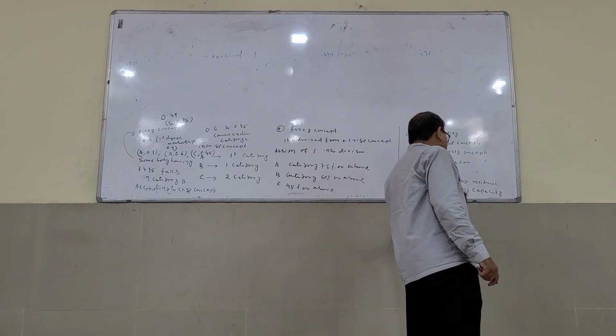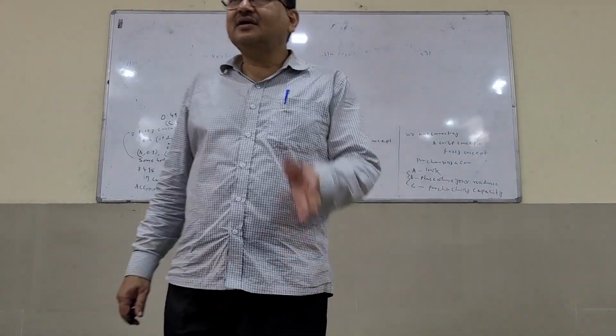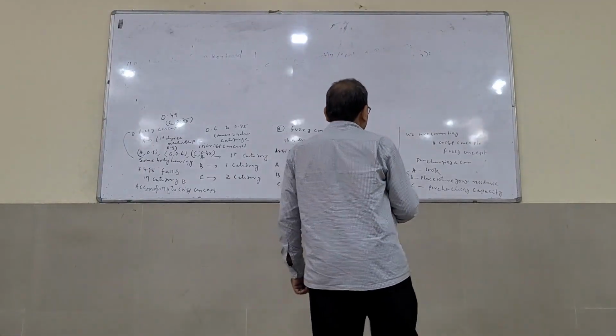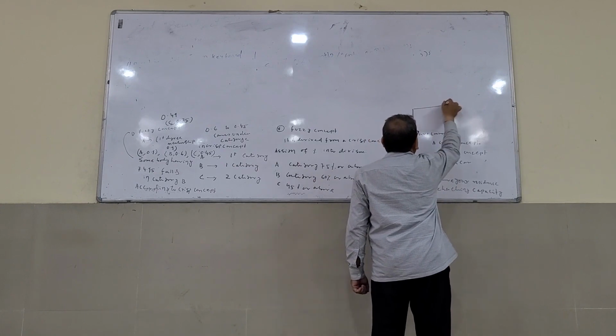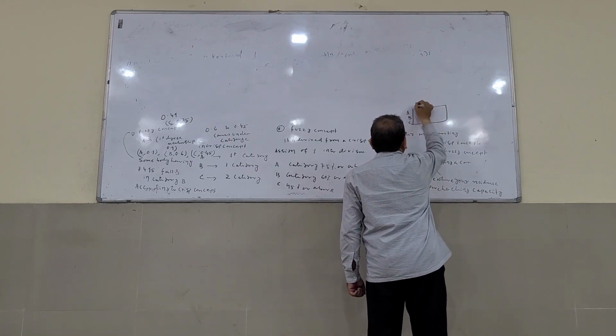C is purchasing capacity. So you are now converting it. How you are defining it? A, B, and C. This is cost.